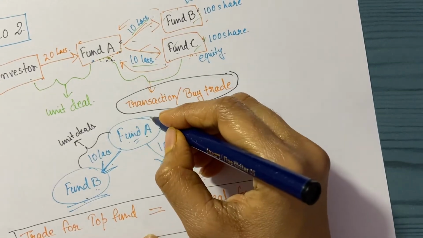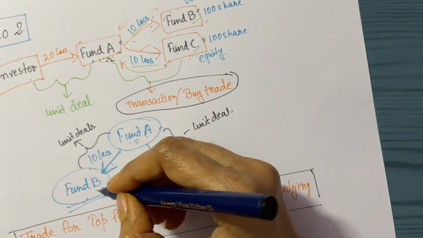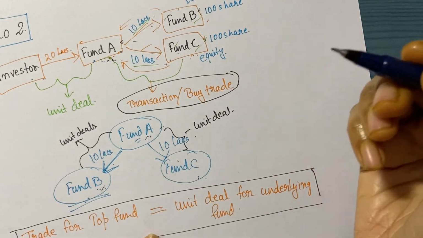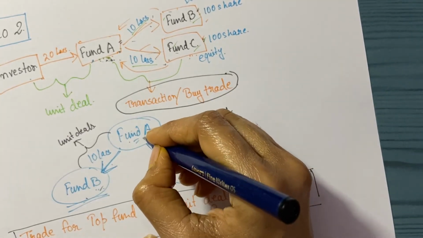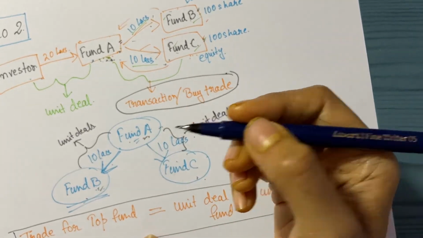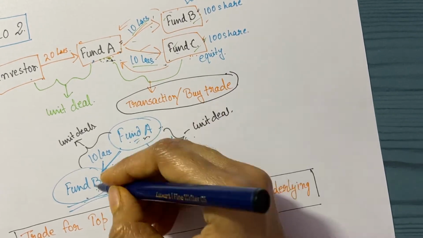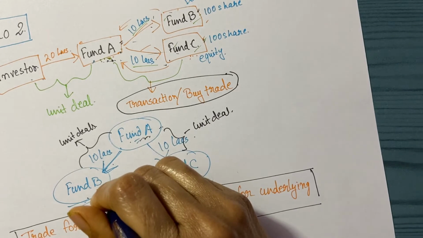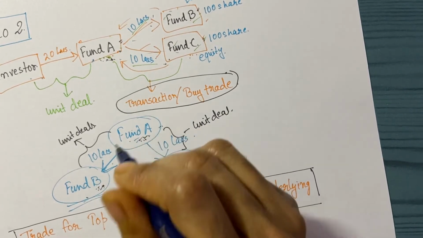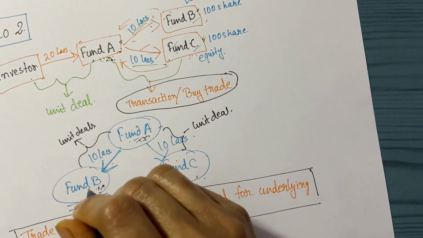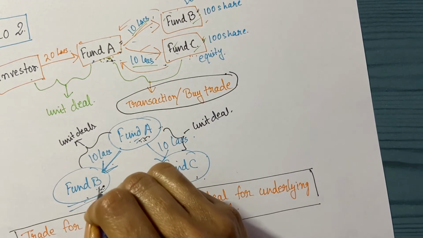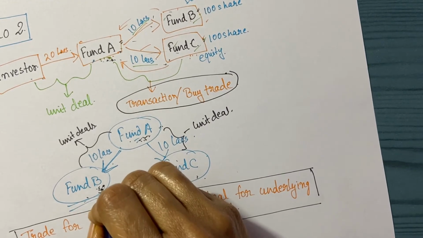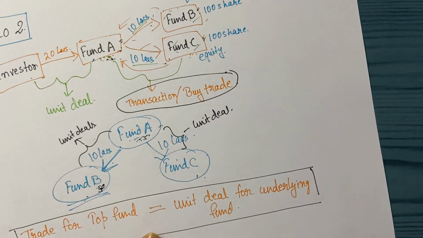Let's say you are doing fund B, and you got the trade file for fund A where it is written that fund A is investing 10 lakh rupees in fund B, and you don't understand it and think, okay, it is a trade file for fund A, nothing for my fund. But then you are wrong. It is a trade file for fund A which is actually acting as a deal for you. So you need to go ahead and book a unit deal or a subscription in your fund as well.